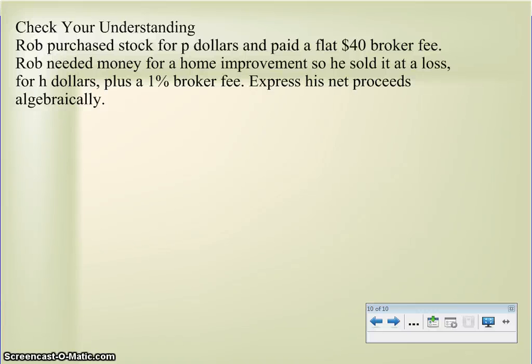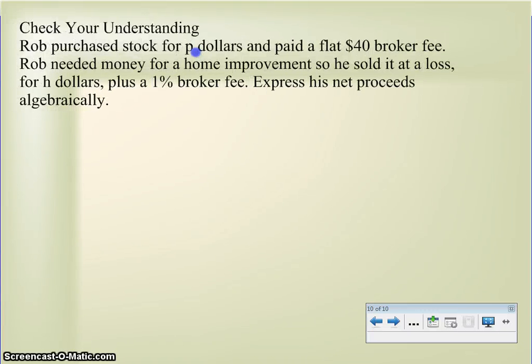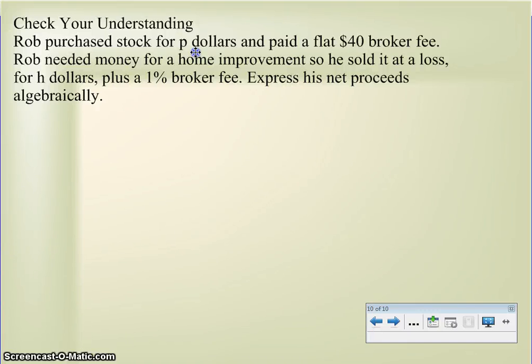Okay, it says Rob purchased stock for P dollars and paid a flat broker fee of $40. He needed money for a home improvement, so he sold it at a loss for H dollars plus a 1% broker fee. Express his net proceeds algebraically. Well, I know in the beginning he paid P dollars plus a $40 fee.